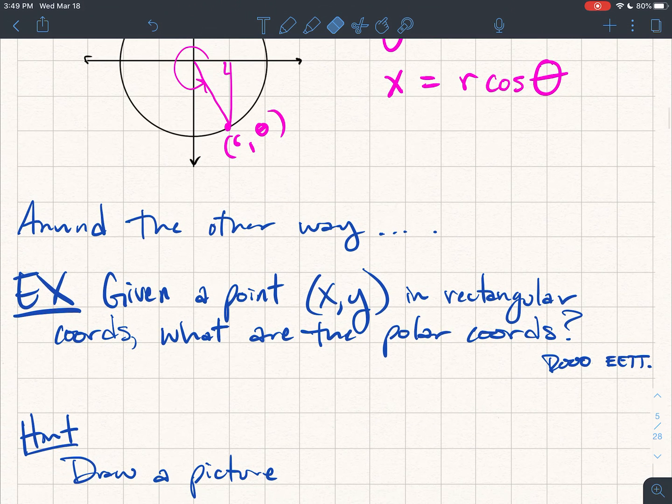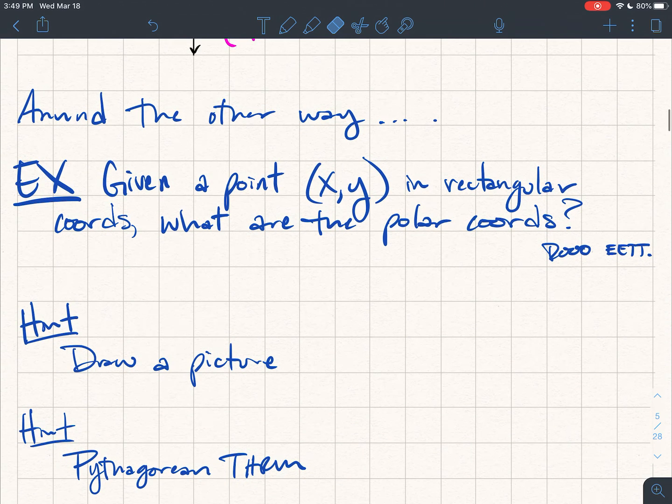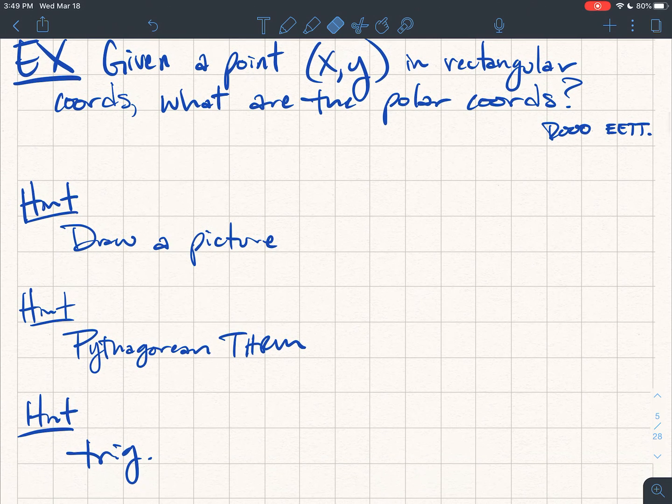Your first hint is draw a picture. Next hint is that you're going to need to use the Pythagorean theorem. Your third hint is that you're going to need to use a little bit of trig.